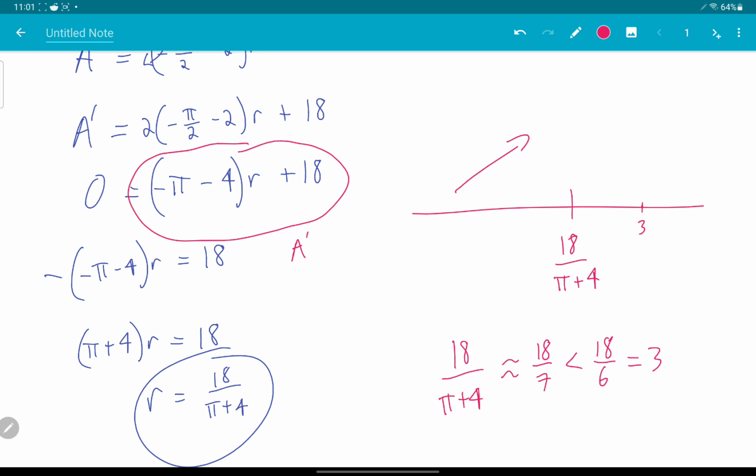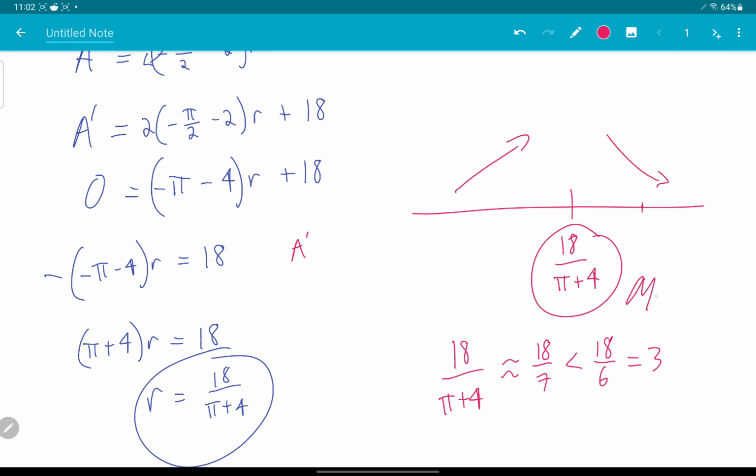Or you just choose a humongous number for r. Throw that big number in here. You get a very large negative number, plus 18, giving you negative. So we do have a max here. And it is the max we're looking for.